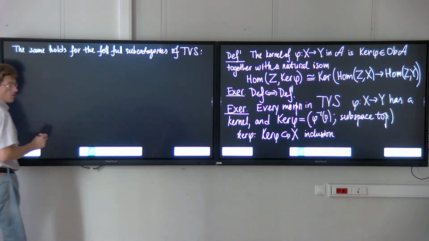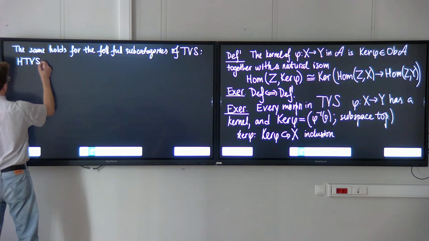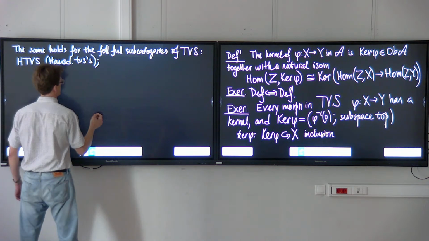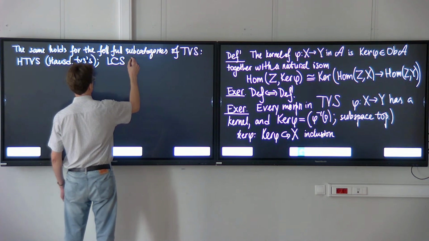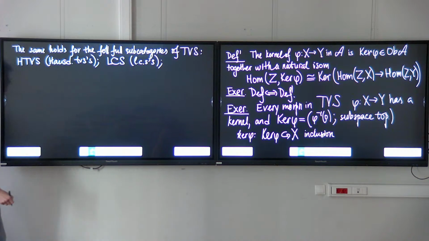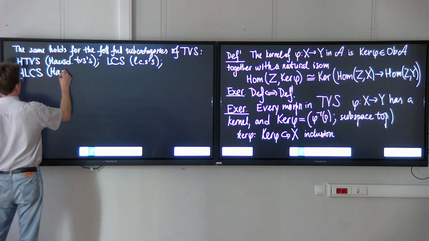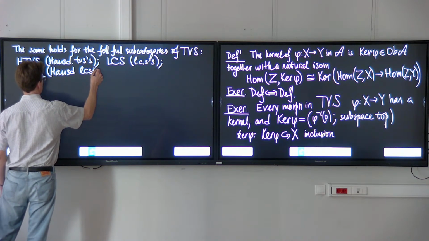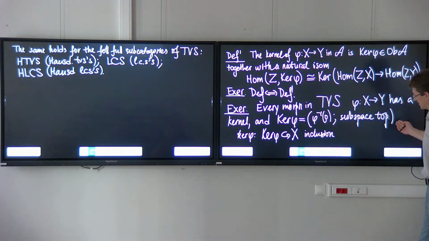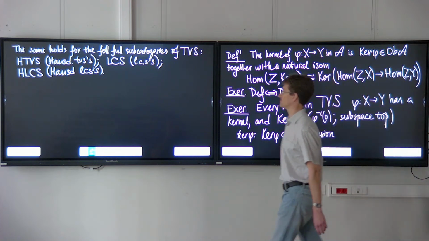We can take, for example, the category of Hausdorff topological vector spaces, denoted by HTVS, or the category of locally convex spaces, LCS, or the category of Hausdorff locally convex spaces. In all such cases, every morphism has a kernel, and the kernel is the same as in the category of topological vector spaces. This is the preimage of 0 equipped with the subspace topology.